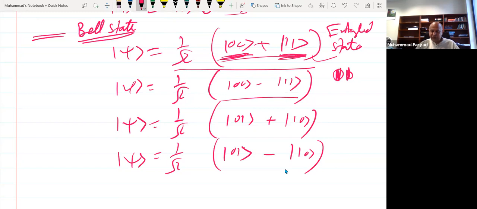The only difference is that this is a symmetric state and this is an anti-symmetric state. If the first qubit comes out to be 0, the second will come out to be 0 as well. And if the first comes out to be 1, the second will come out to be 1 as well. So they are called entangled for this reason, that the measurement results of both qubits are correlated. If the first one is 0, the second one is 0 for sure.